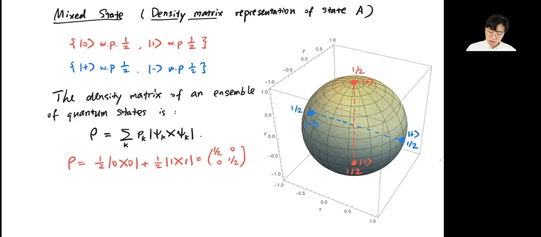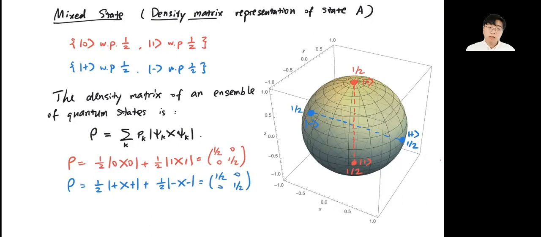It's a 2 by 2 matrix. For the second case, we have rho equals 1/2 probability being the plus state and 1/2 probability in the minus state, which also gives you the same matrix.